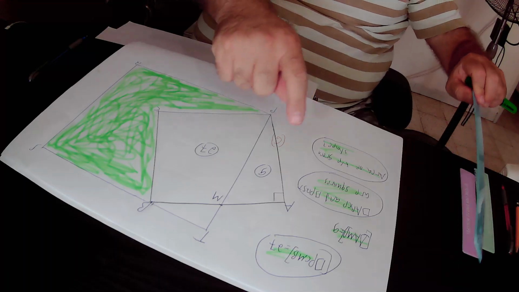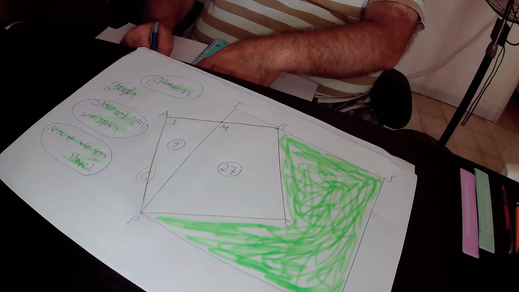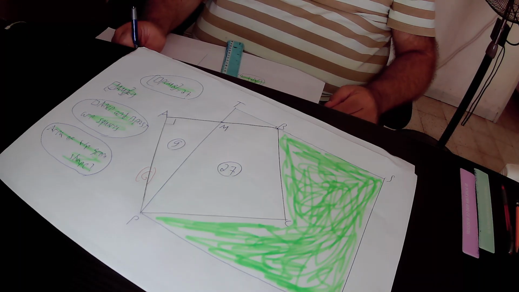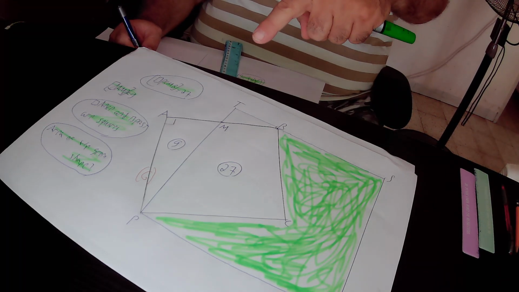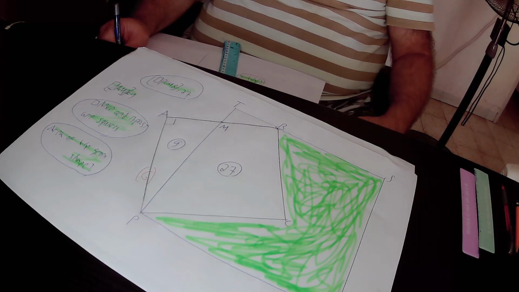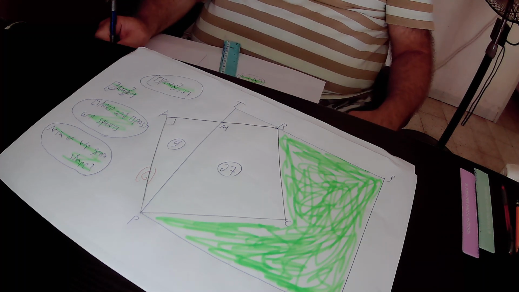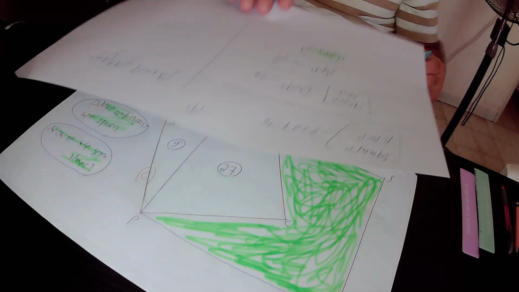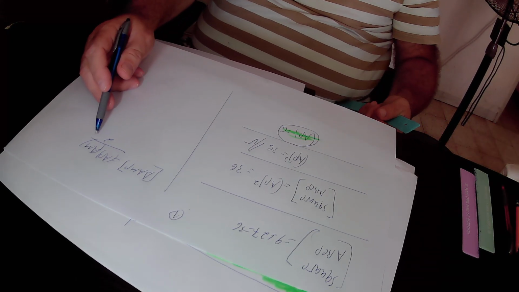So the area of the right triangle AMP is equal to the base, that is AP, times the height, that is AM, over 2. Read again. The area of the right triangle AMP equals the base AP times the height AM over 2.